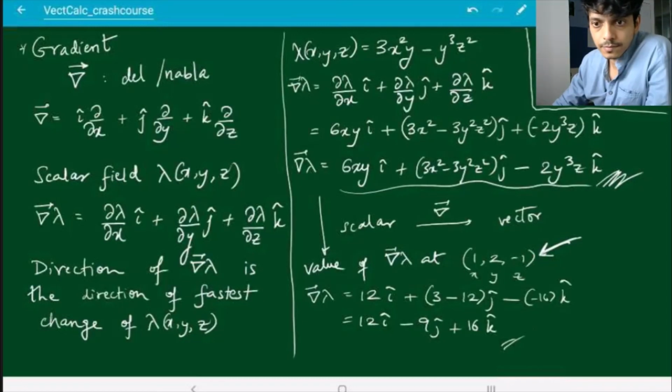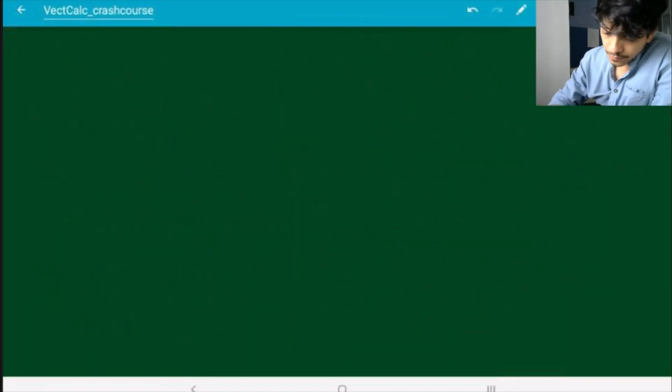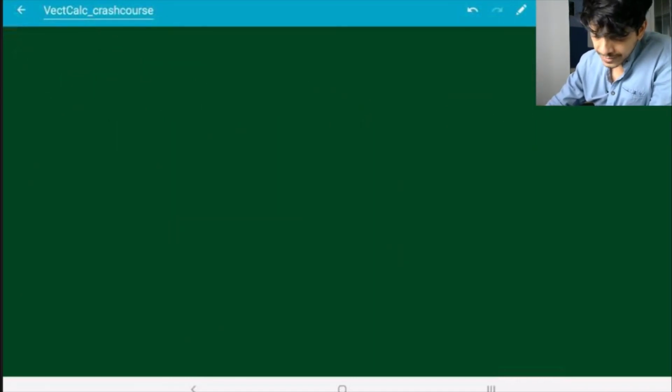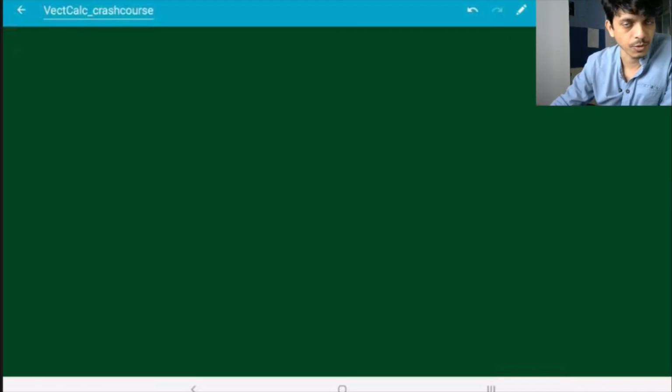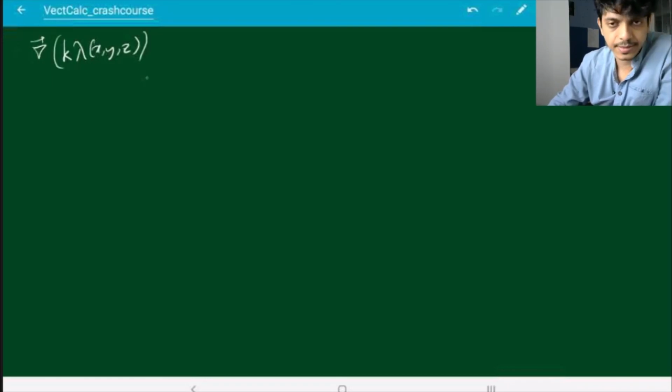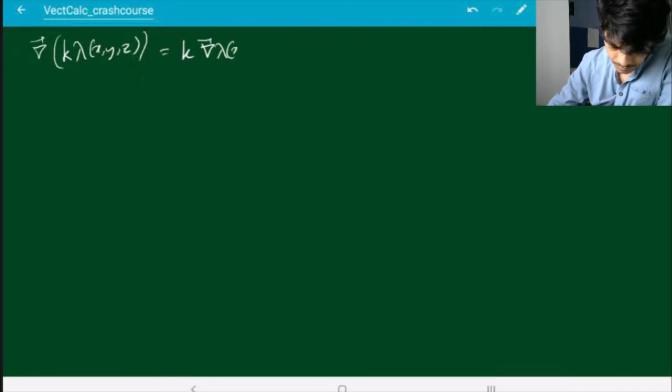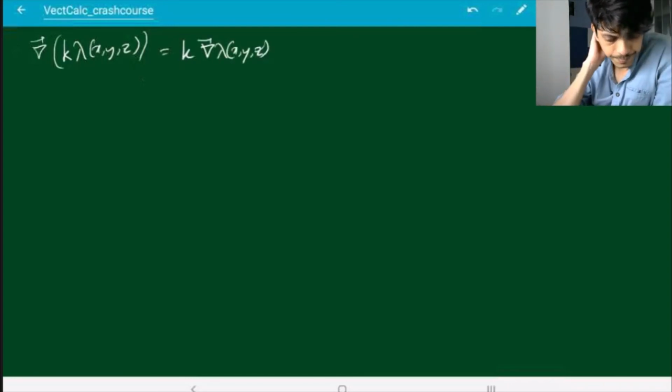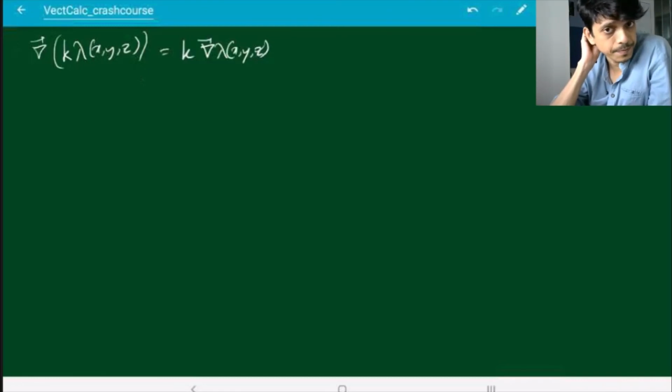All right. The gradient follows some of the basic rules of derivatives that you are familiar with from your normal single variable calculus. So for example, I have some scalar field, and if I multiply it by some constant, and then if I take the gradient of this entire thing, then this is just k times gradient of lambda of x, y, z, as you would have expected.